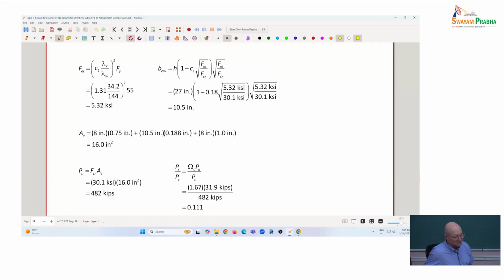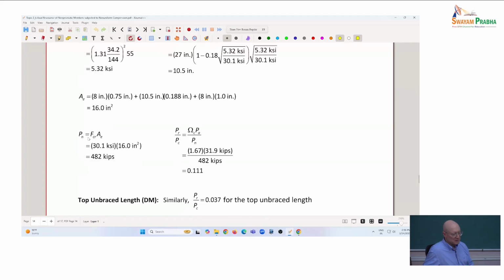Now the flanges in this case were 8 by 3/4 inch and 8 by 1 inch. If we do those checks, the flanges are non-slender, so they're fully effective. We can compute the area of each flange and the effective area of the web, effective width times thickness of the web, to get an effective area. We multiply our Fn by Ae and get a Pn. Then we're ready to calculate Pr over Pc.